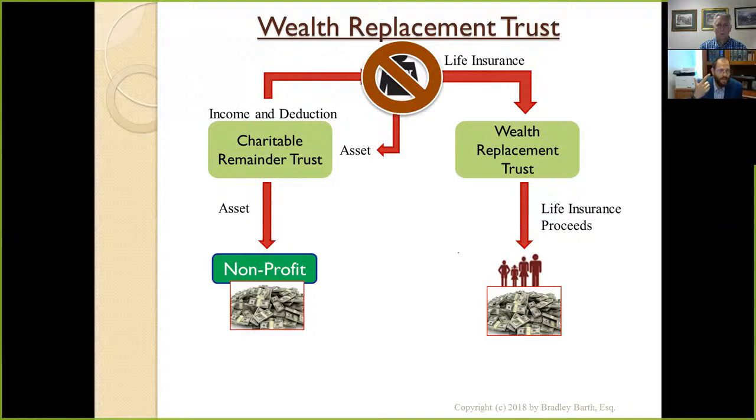The charity wins because they got a large charitable deduction, in my example, on $386,000, whereas before she was giving them $36. See, now planning with your head and not with your heart, right? Yep. And the kids win because the kids got the $1 million asset, income tax free and estate tax free from the life insurance policy to replace it.